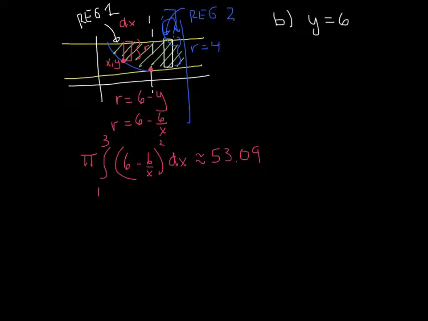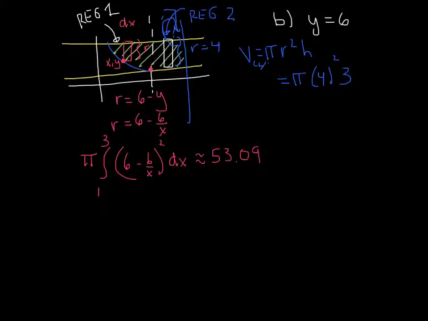The formula for a cylinder, once again, is pi r squared h. If we just wanted to find the volume of the cylinder, it is going to be pi, the radius is 4, and the height is going to be 3, because 3 is the distance from 3 to 6. You need to imagine that, make sure that makes sense to you.